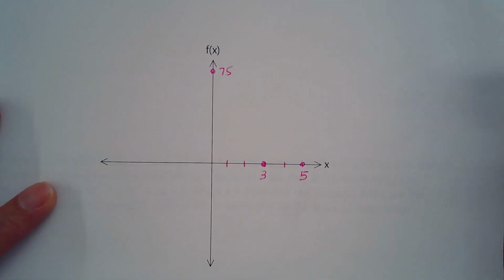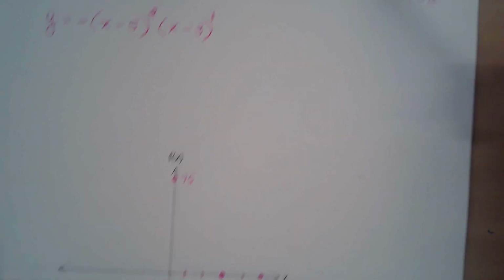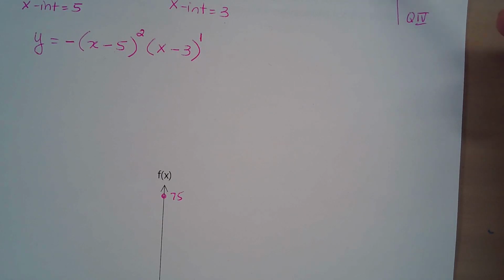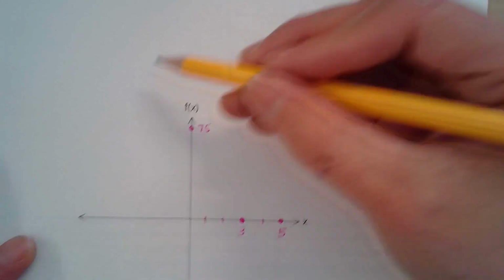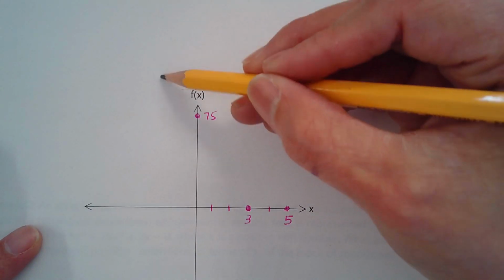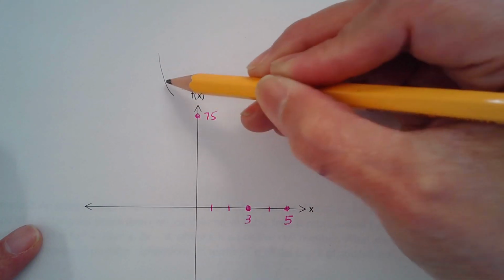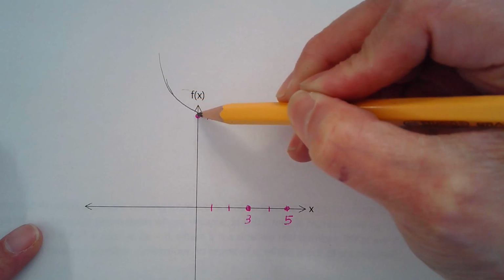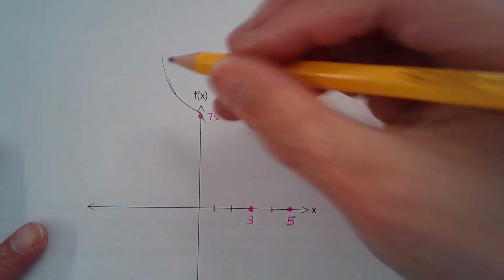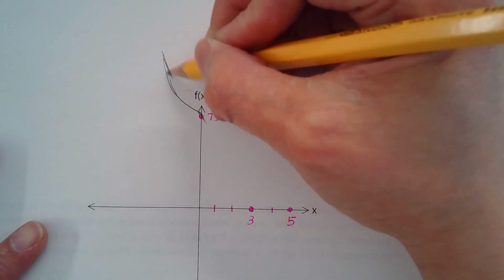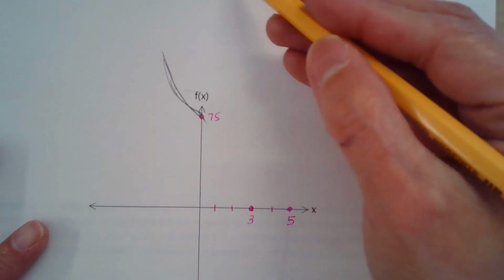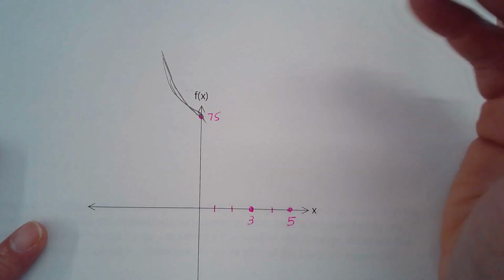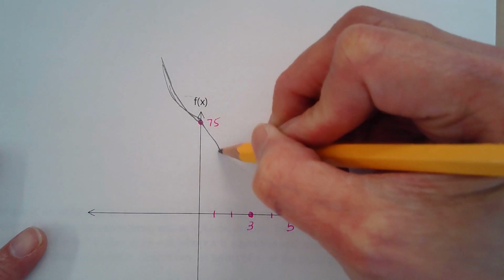So it's going to be starting in quadrant 2, right? And then it falls down here. Okay, so it's going to be coming there. And then the 3, because it's a multiplicity of 1, it just crosses there.